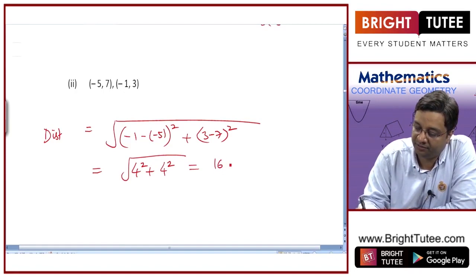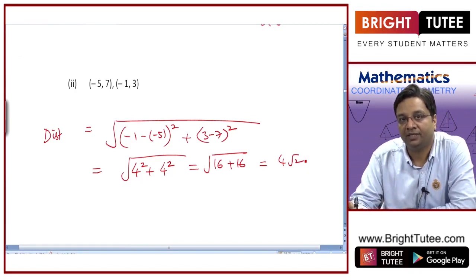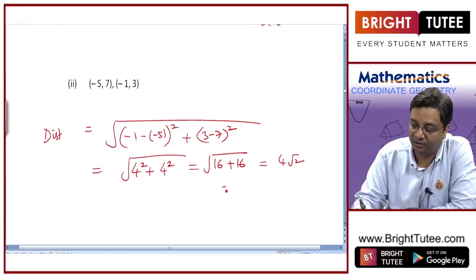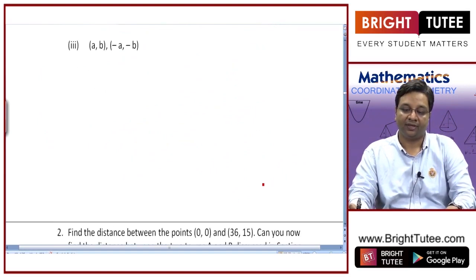So this is 16 plus 16. This can be written as 4 root 2, right? 16 plus 16 is nothing but 2 into 16, right? This 16 can be taken out as 4, so 4 root 2. So this is the distance.